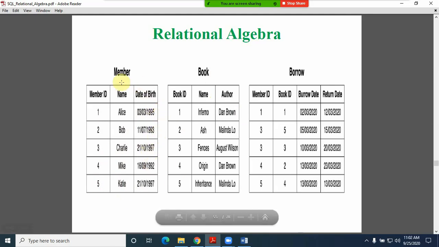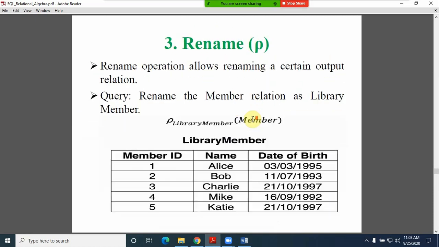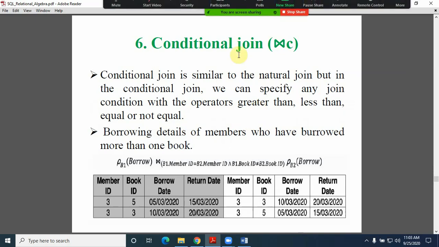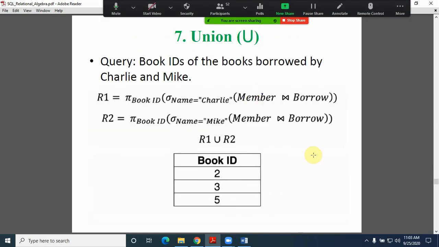So you can apply some kind of conditional join here on the single table, the member table. We are taking this particular member table and we can apply some kind of selection: member id, name, date of birth, conditional join less than 1997. Date of birth less than 1997, automatically we will get the members who have a date of birth prior to 97. On those conditions you can make use of the conditional join.